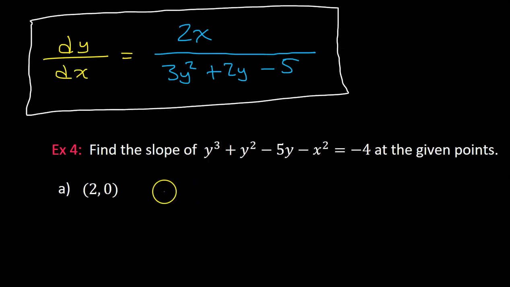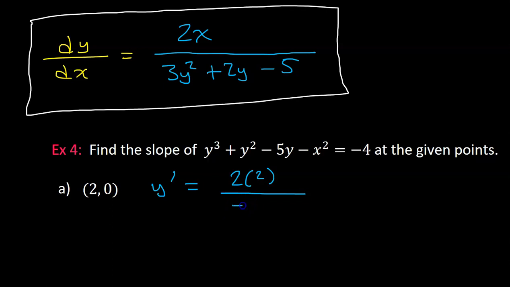So if we want to find the slope, we're going to use the y prime equation that we found in example 3. x is 2 and y is 0. So that means we're going to have 2 times 2 over, well, these y's are zeros, so I know they are gone.